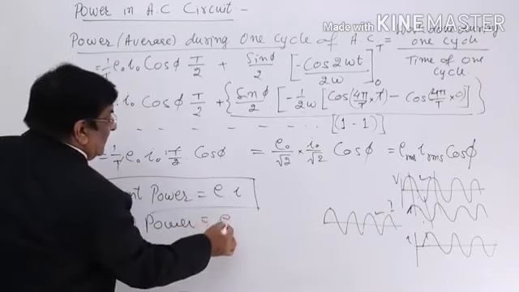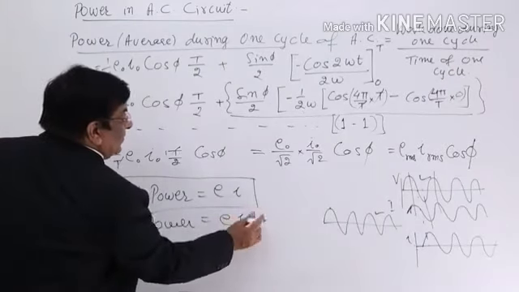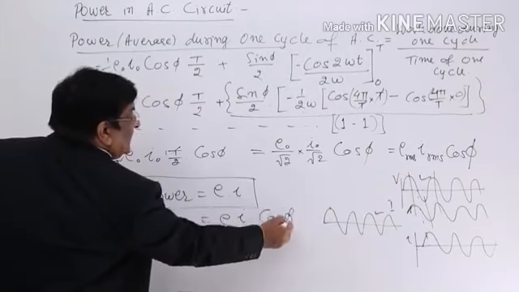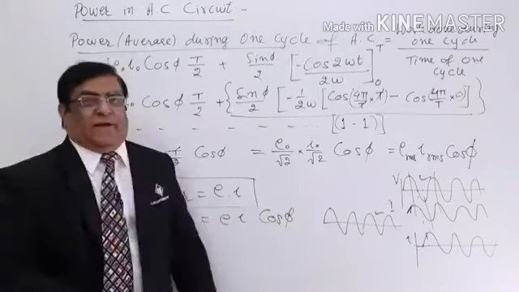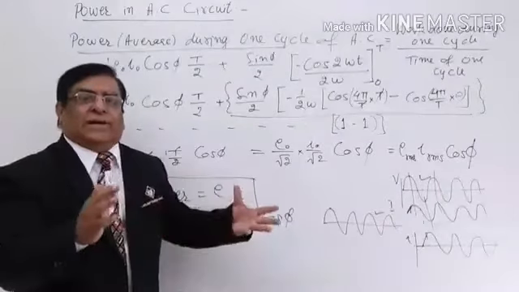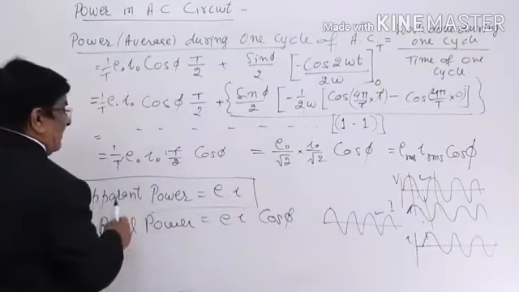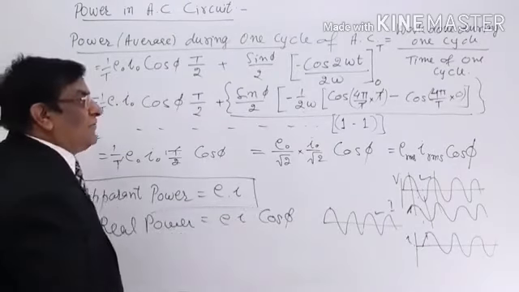So this is the apparent power, as we call it, and this is the real power. Real power is the one for which we made the formula, E I cos phi. If we don't write anything here, it means it is the effective value, which is the RMS value. So apparent power is E into I, and real power is E I cos phi.